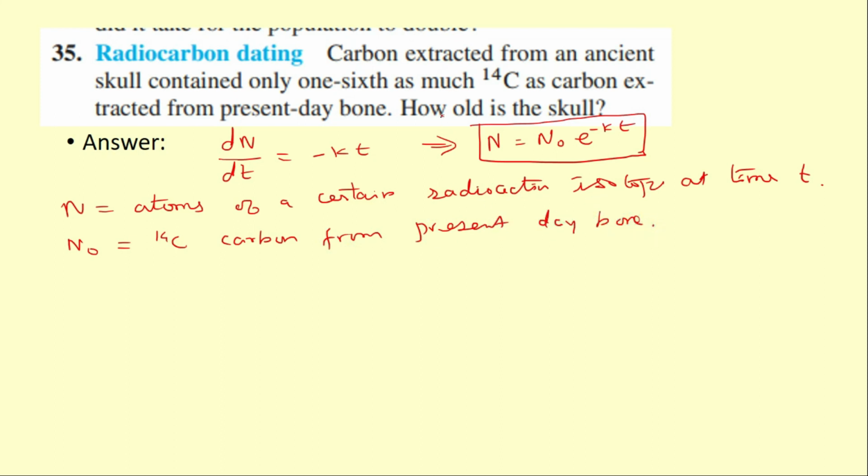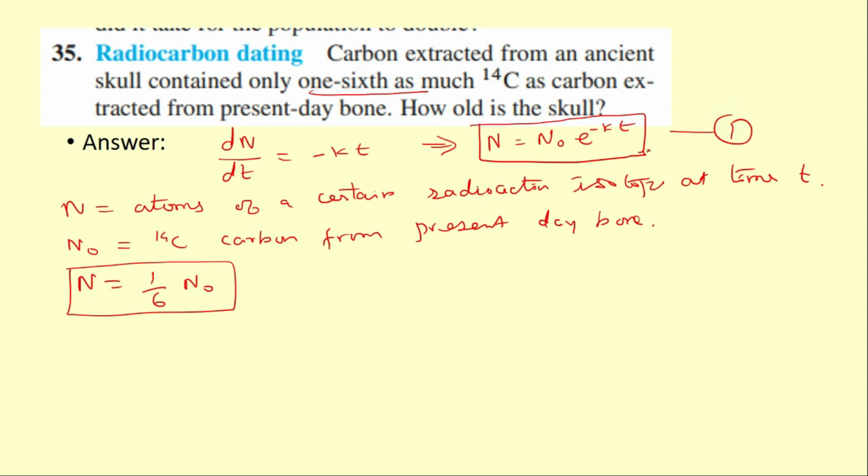What is given is N after time t. N is what is available in this problem. N is 1/6 of N0. This is what we are going to use in equation number 1.